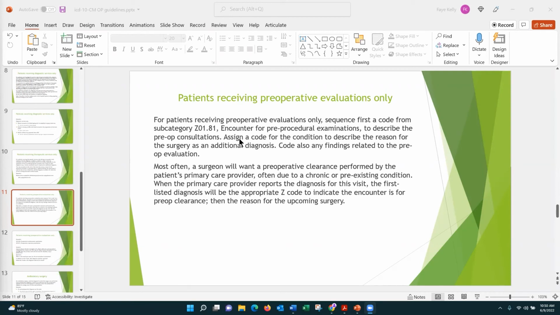So that patient's having chest pain, they're going to have a cardiac cath, and the surgeon just wants his primary physician to do an evaluation to clear him for surgery. So if you have a pre-op evaluation documented in the chart, Z01.81.